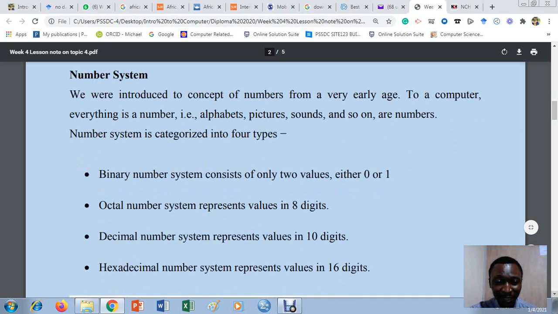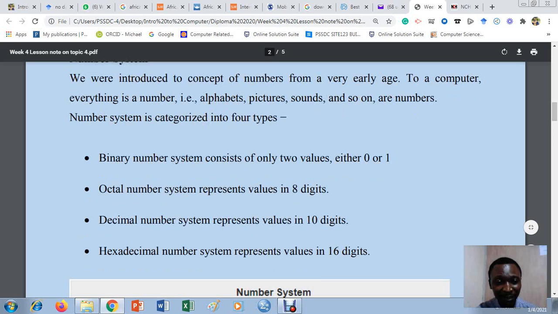And there are 4 categories. Number systems are categorized into what we call the binary number system, the octal number system, the decimal number system, and the hexadecimal number system, which represents the value of 16.